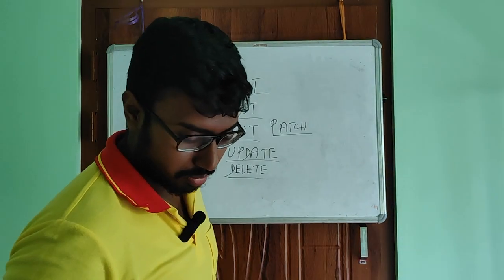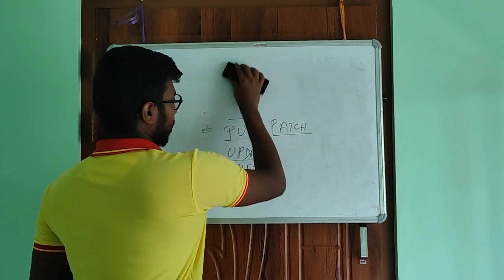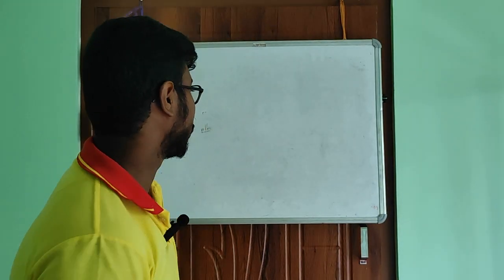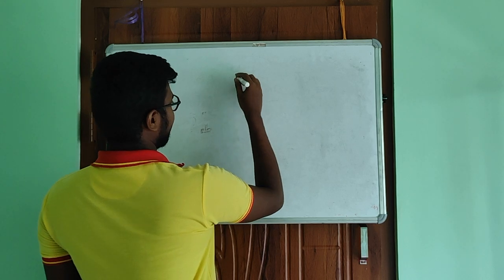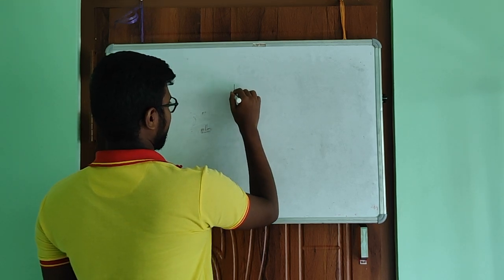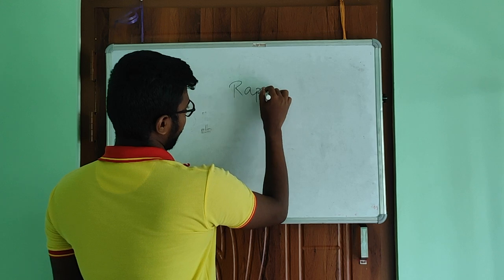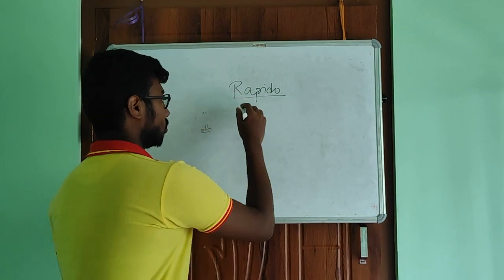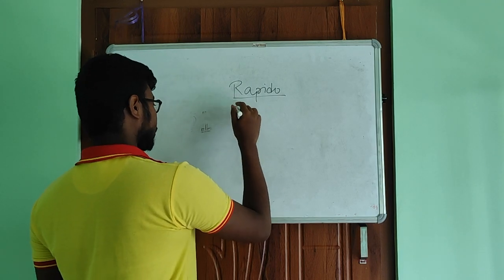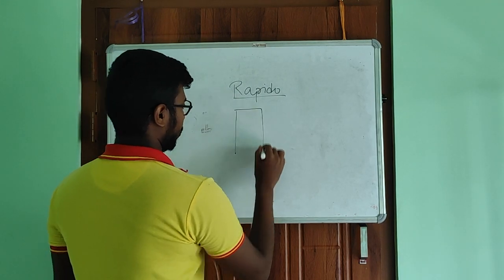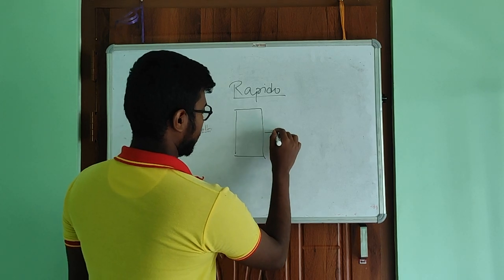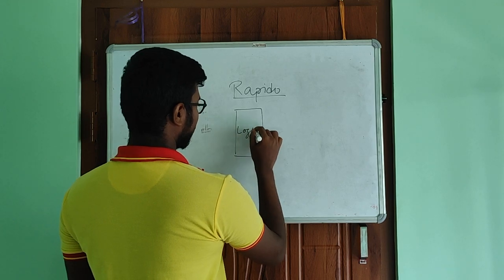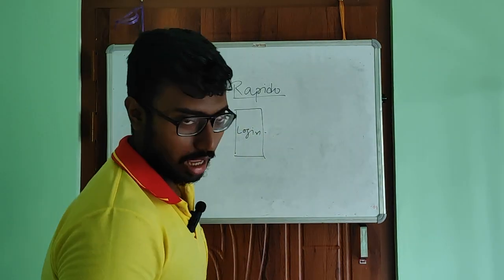So before starting this, I am gonna explain you about the request and response. Okay, so whenever you use one application, for example, this is an application like Rapido. So a lot of you must have used it in Bangalore, right? Rapido. So once you open the application, there you log in. Okay, so sign up, right?